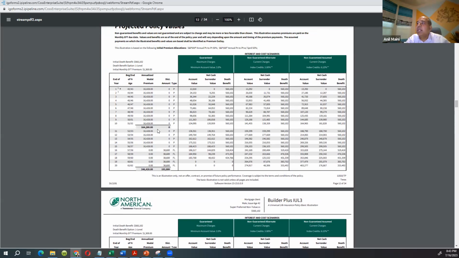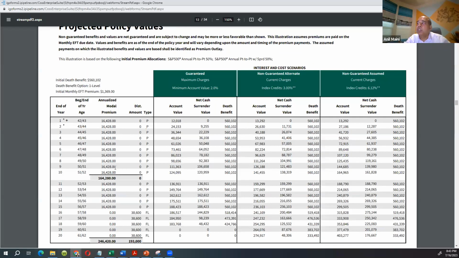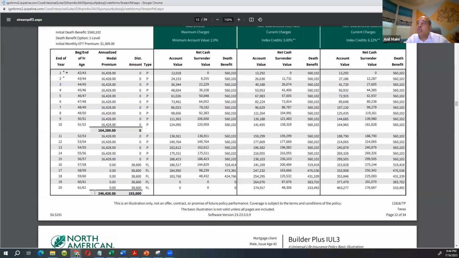So this gentleman is 42 years old. Let me increase the font a little bit. Okay, I hope everyone is able to see now. So $16,000 we are putting in every year for 15 years. Okay, total 246 that we would have given to the bank.